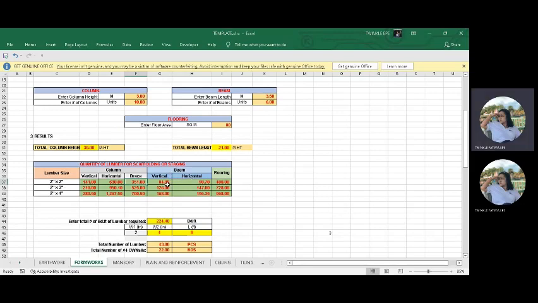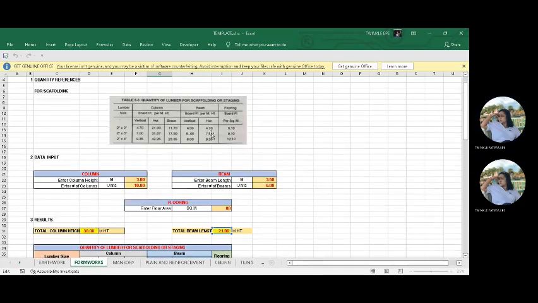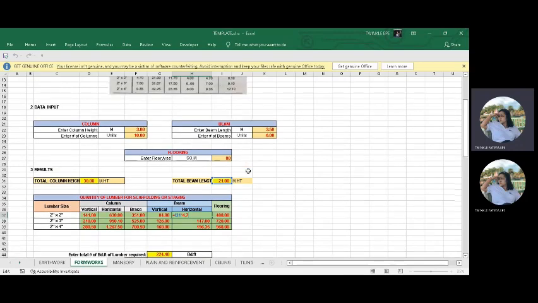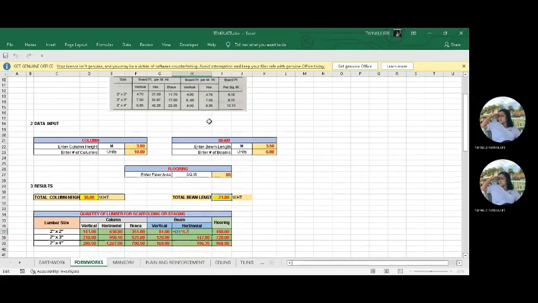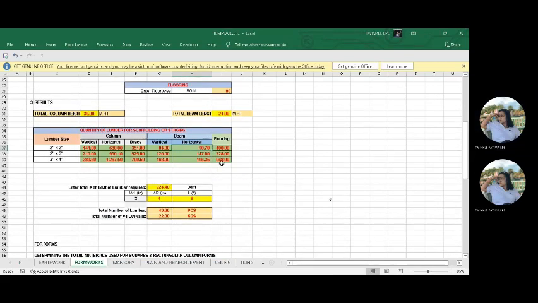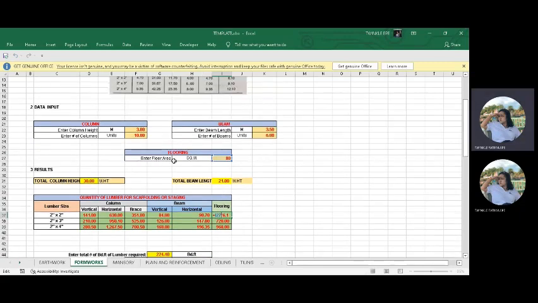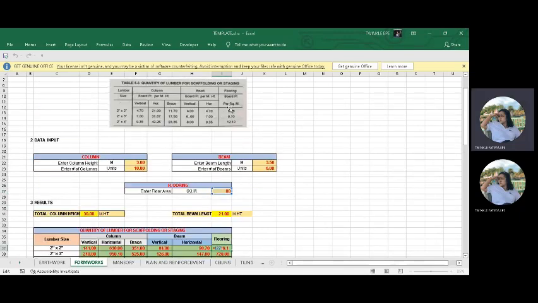And for our beam, we multiply the vertical, 21 times 4 for the vertical, and for our horizontal, we multiply the total beam length and the horizontal 4.70, and for the flooring, we multiply the floor area times 6.1 by board feet.